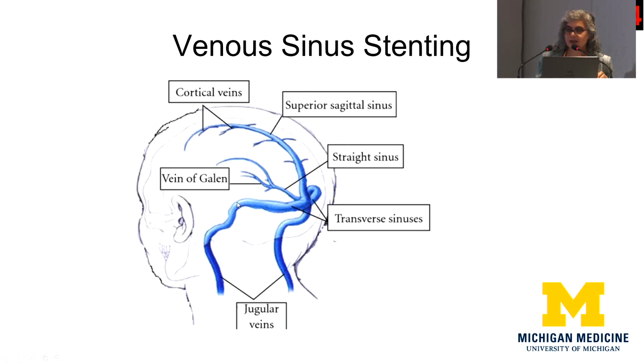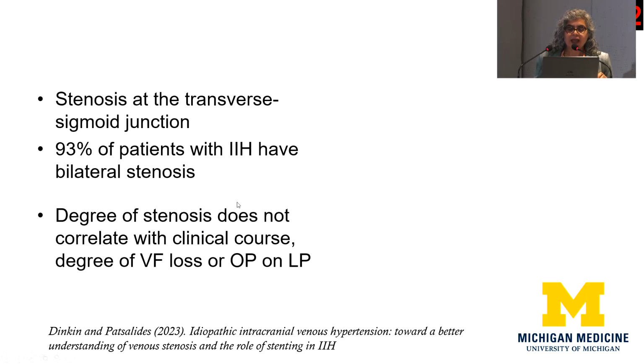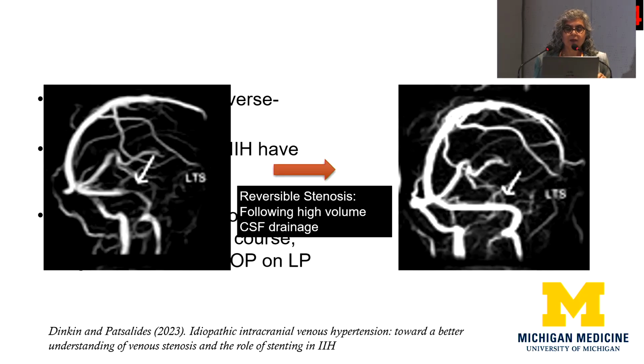Stenosis at the transverse sigmoid junction is seen in almost 93% of patients with IIH. The degree of stenosis, however, does not correlate with clinical course, degree of vision loss, or even opening pressure. And it has been shown that the stenosis can actually be reversible following high volume CSF drainage.